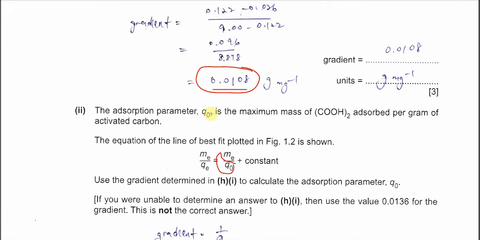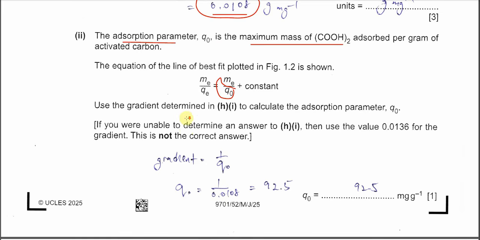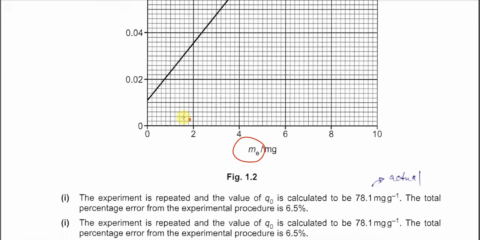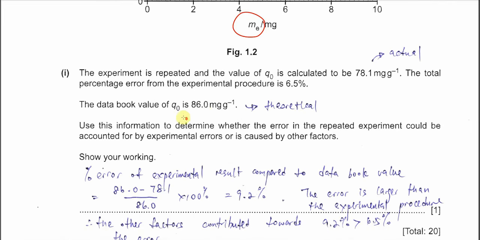Let's check what Q0 is to make it clearer. The absorption parameter Q0 is the maximum mass of the acid absorbed per gram of activated carbon. This one is quite different.